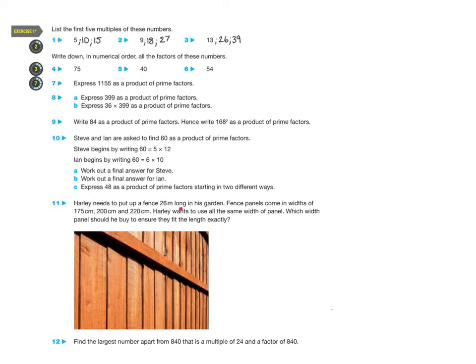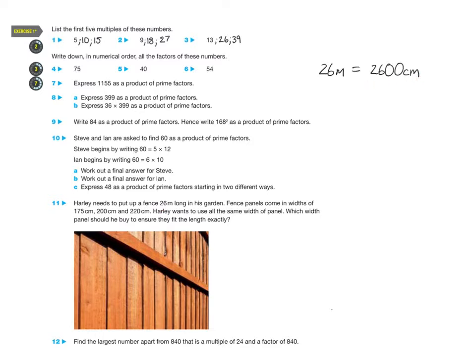Now, there really is only one complicated part to this, and that is remembering that you need to change 26 meters to be in centimeters, because otherwise trying to convert those into meters or whatever, it's going to be difficult. You have to have them in the same units. Always easier to do it this way.